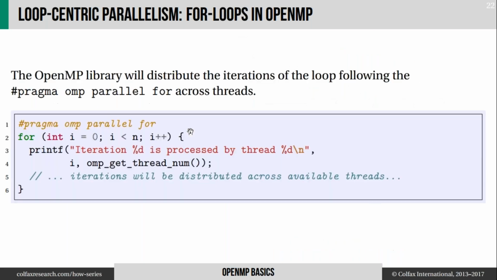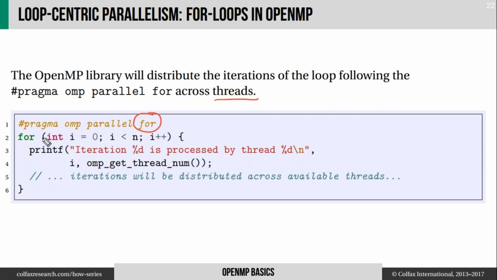In code, parallel loops look very simple. You can simply add the keyword for to Pragma OMP parallel, and the OpenMP library will distribute the iterations of the loop following this directive across threads.